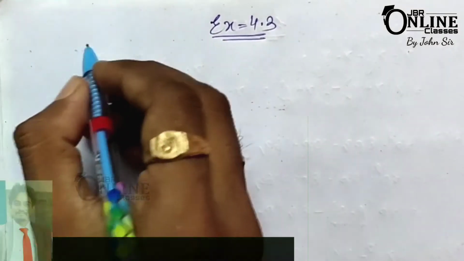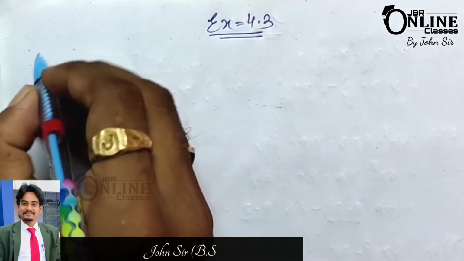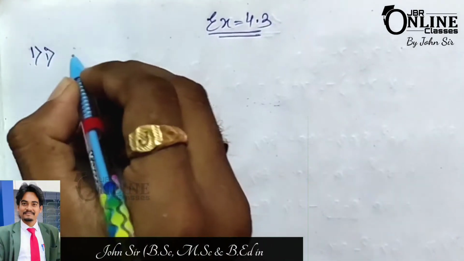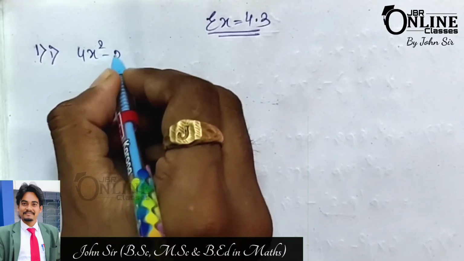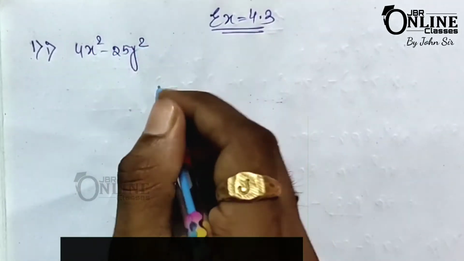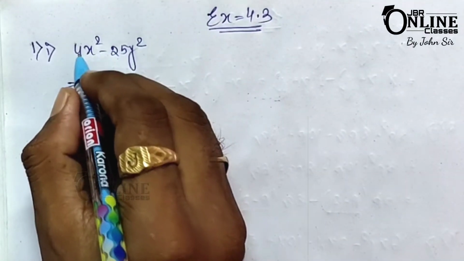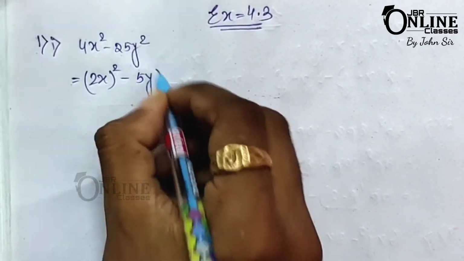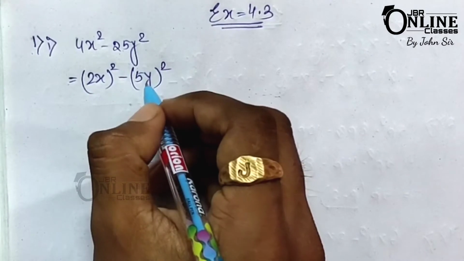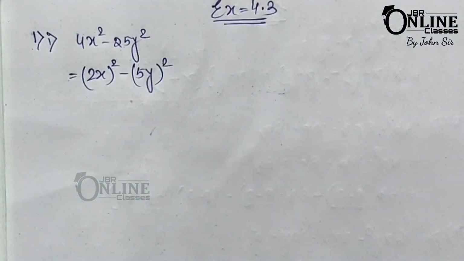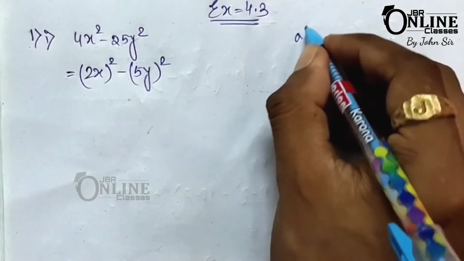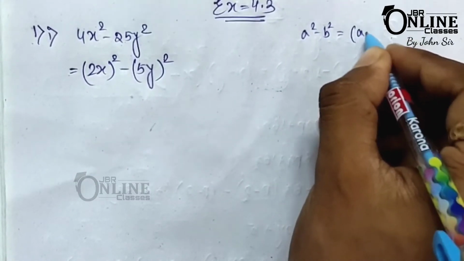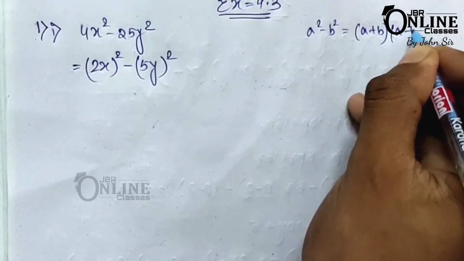Now next, exercise 4.3. Here, sum number 1: 4x square minus 25y square. Here you have to write down 4x square in this way, and then 25y square in this way. Now you can apply the formula a square minus b square, and the formula is (a plus b) into (a minus b).